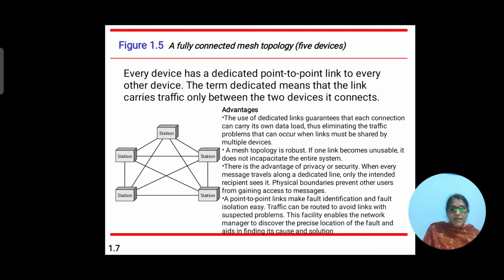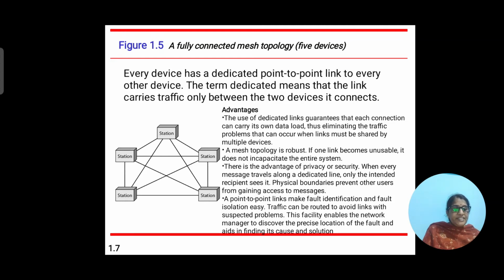Node 1 must connect to n minus 1 nodes, node 2 must connect to n minus 1 nodes, and finally node n must be connected to n minus 1 nodes. We need n(n minus 1) physical links.